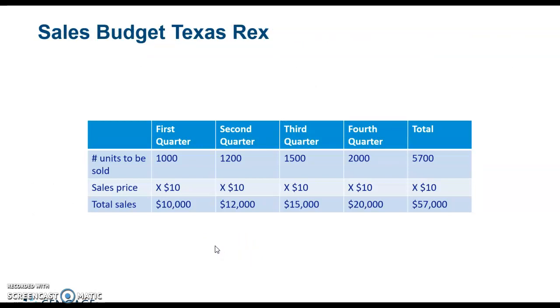Here's the sales budget, just as a reminder from one of the first videos, in which we said how many units do we think we're going to sell, times the $10 per unit sales price, and that tells us the total sales we think we're going to have.